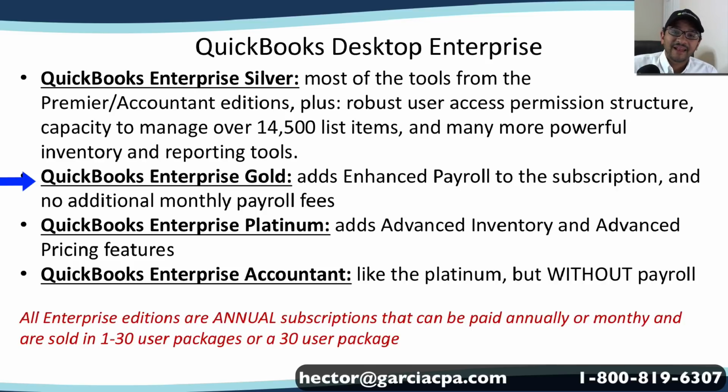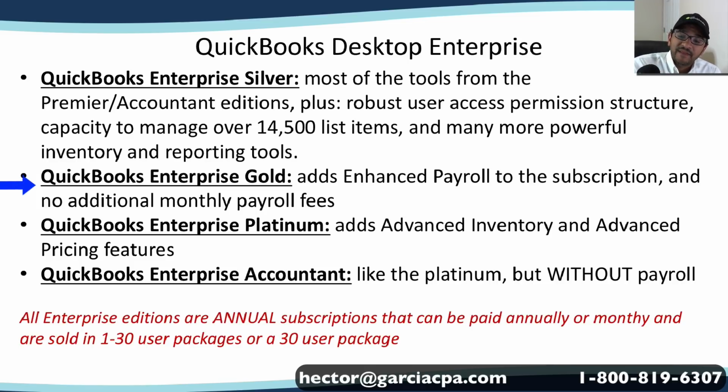So I've had a lot of clients that love their QuickBooks Pro, but have 50, 60 employees. And when they pay $2 a month on the payroll side, on the regular version of QuickBooks, it actually comes out more than buying the Enterprise edition, even with the annual subscription with the payroll bundled in. We would have to evaluate case by case to see what the pricing difference would be. But that Gold basically just adds the payroll subscription to it.